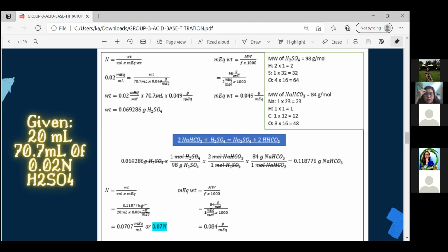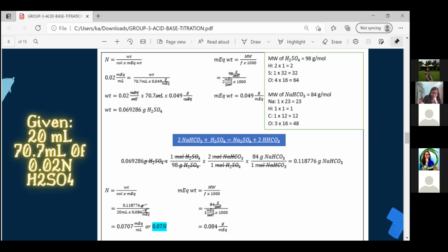per MEQ. So to get the MEQ weight, we have MEQ weight equals molecular weight over F times 1,000. So molecular weight of sulfuric acid is 98 grams per mole. 98 grams from H, hydrogen, we have 2, sulfur, we have 1, and oxygen, we have 4 times 16 for the oxygen, then 32 for the sulfur, and 1 for the hydrogen.